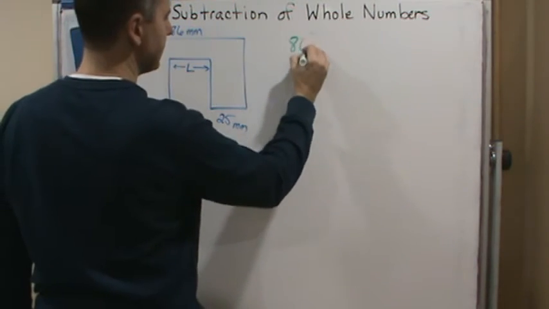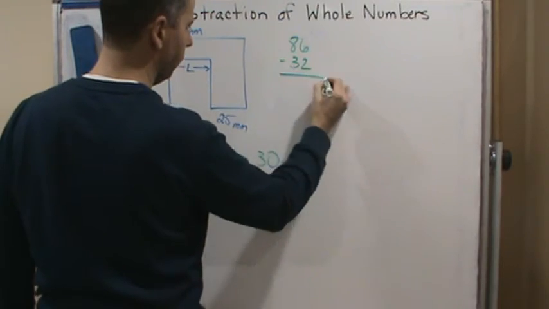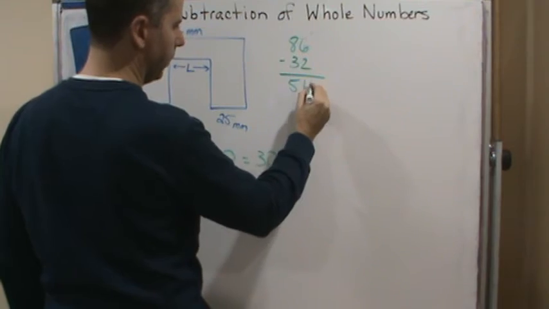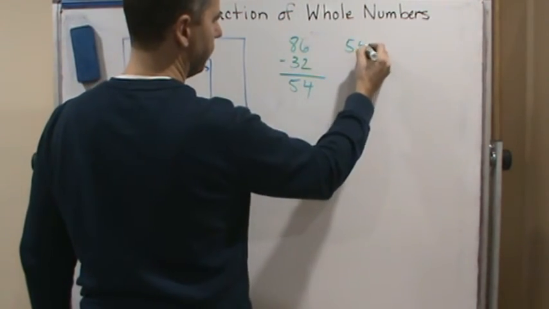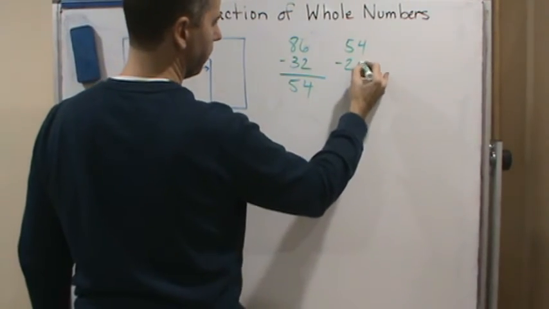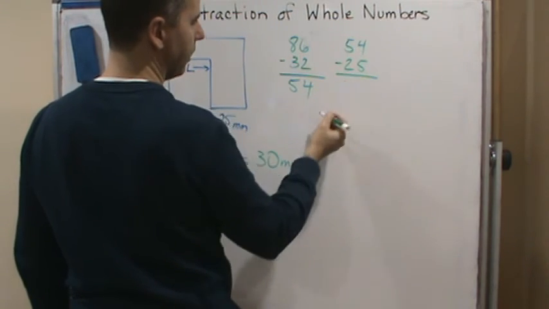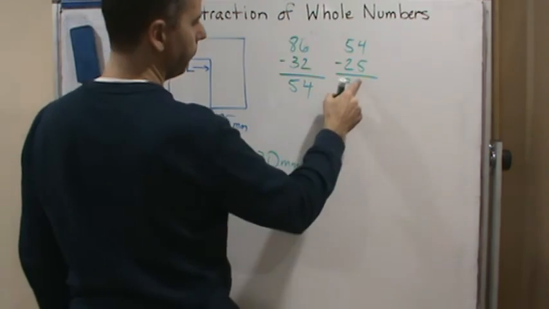So let's do 86 minus 32. If we do that, we get 54. Now we're going to take that difference, 54, and subtract off 25, the other amount. So what do we get? In this case, we get 3, but then we have to borrow from the 4, right?